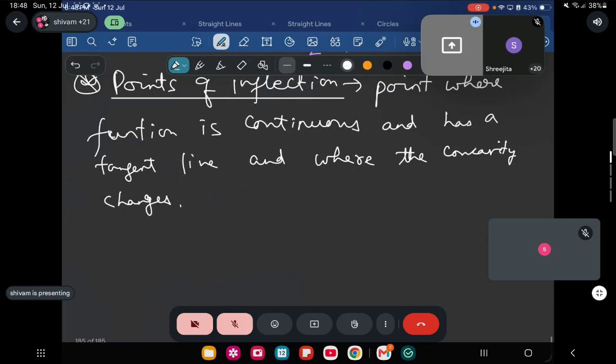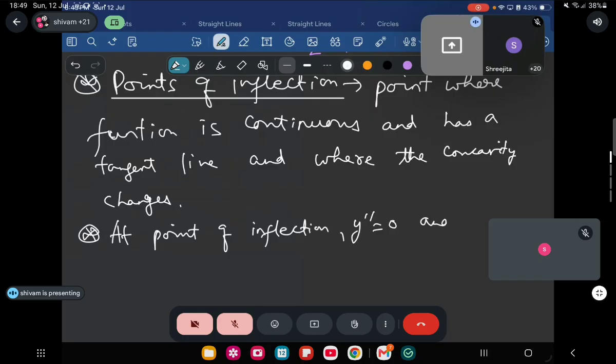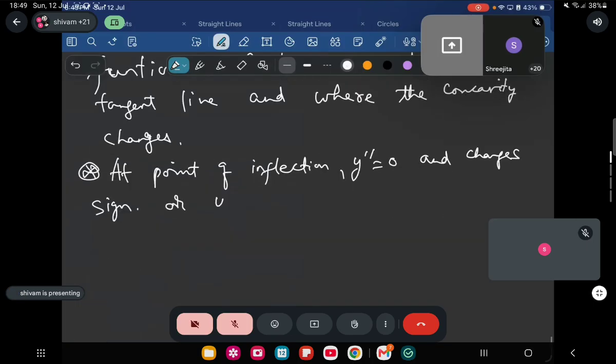At a point of inflection, y double dash will be equal to 0 and changes sign, or y double dash fails to exist.